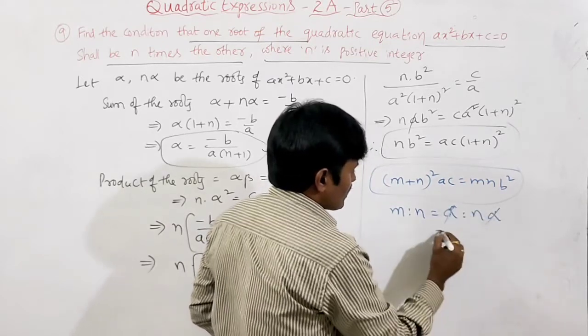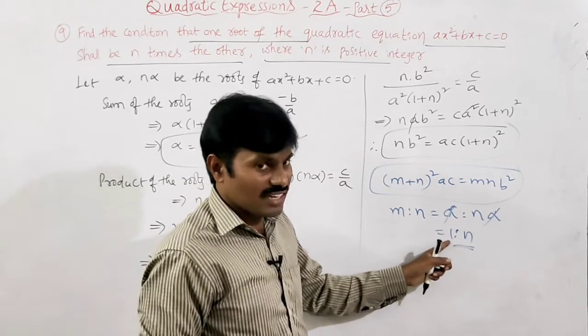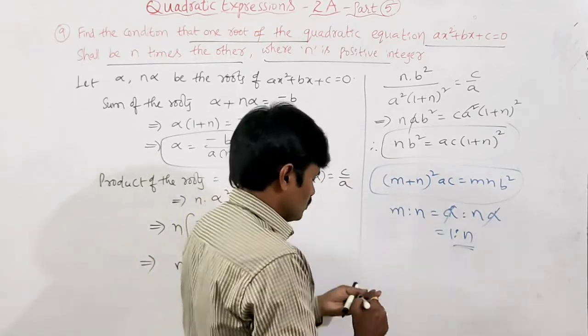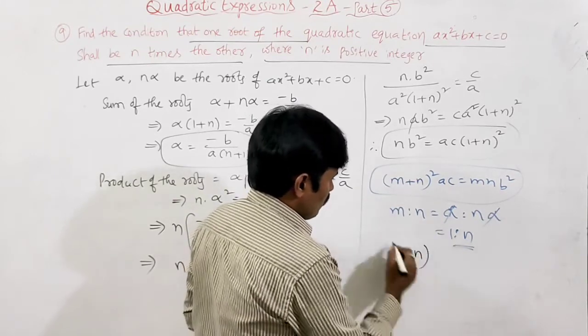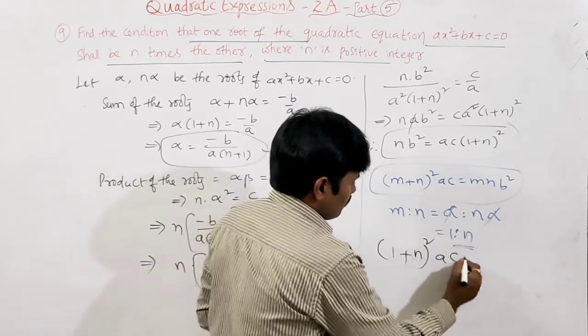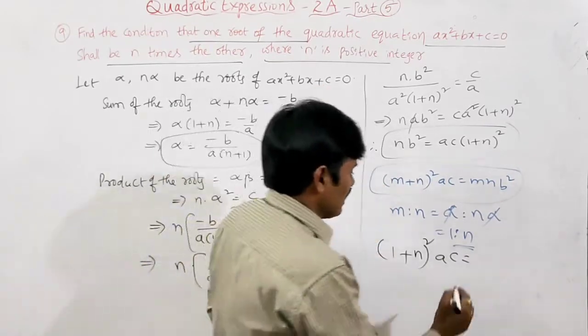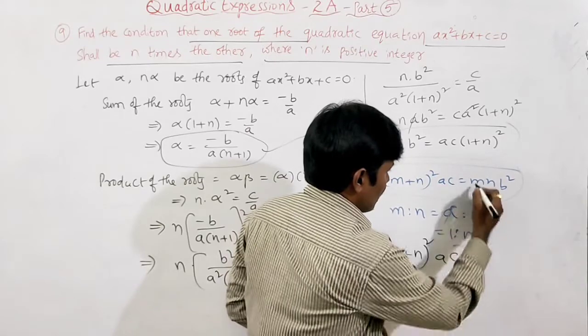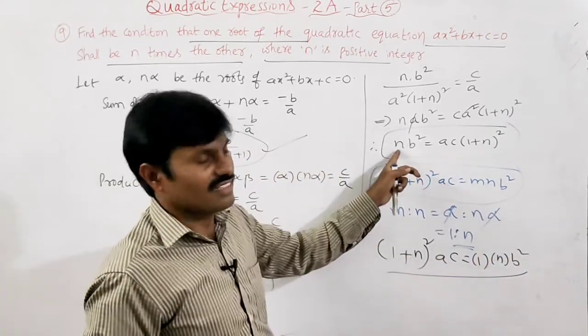Alpha gets cancelled, so it is 1 is to n. That means we can replace m by 1. Then it becomes (1 plus n) whole square into a c equals n b square. So if we simplify, we get this relation.